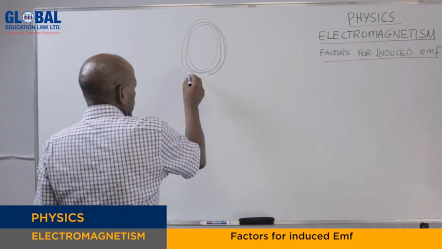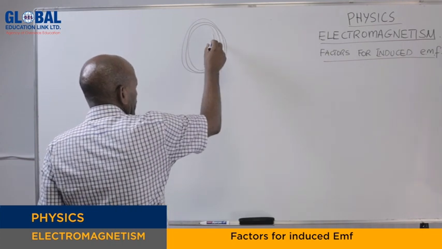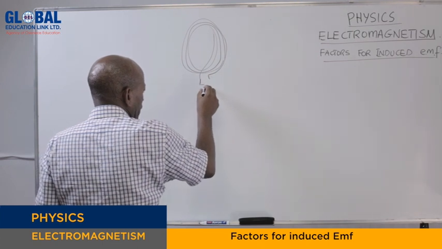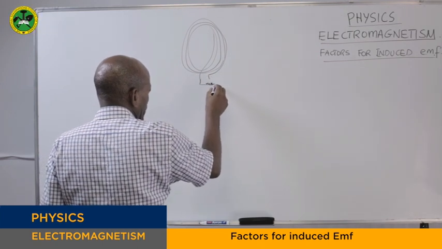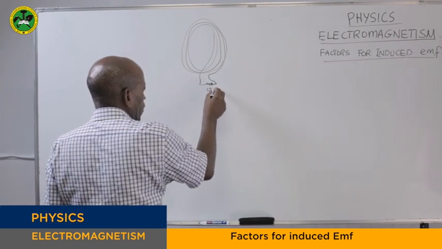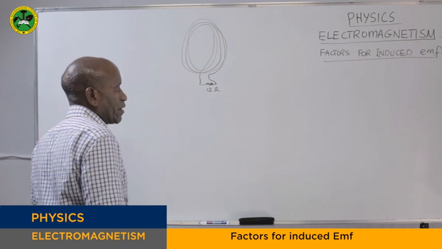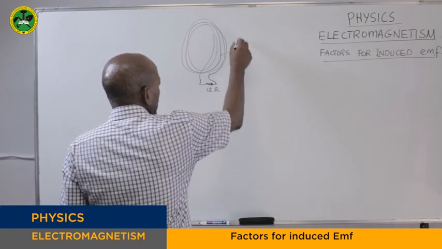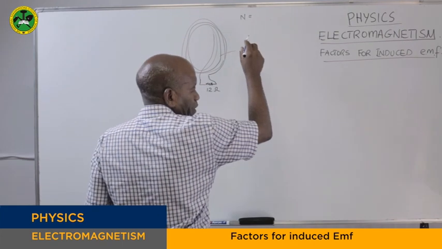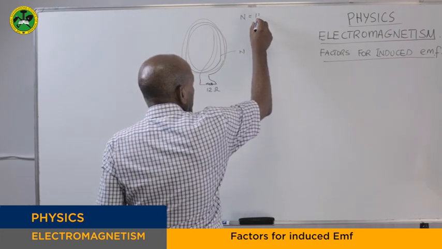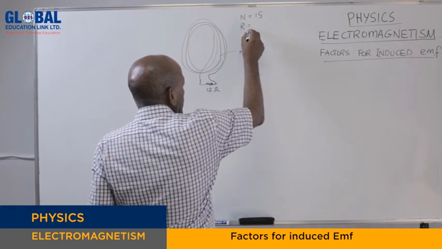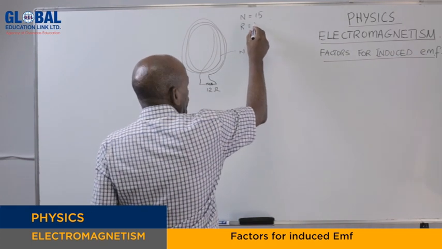Now these particular coils, we take to be joined to a certain resistor, which is 12 ohms. The number of turns there is given to be 15 turns, and the resistance connected to the coil is 12 ohms.